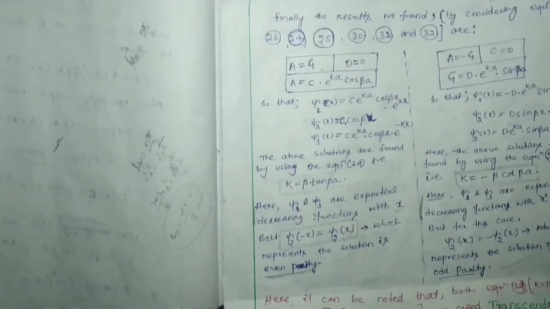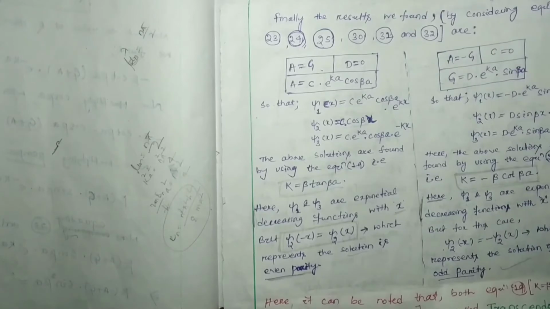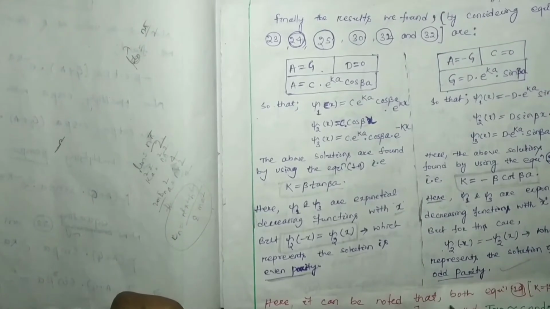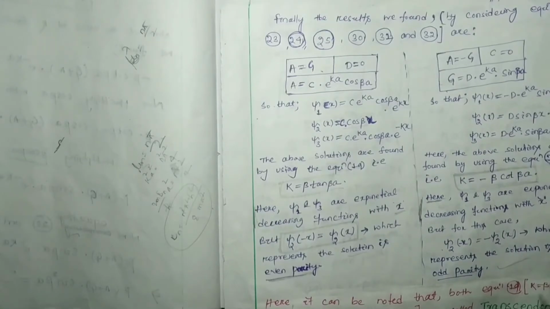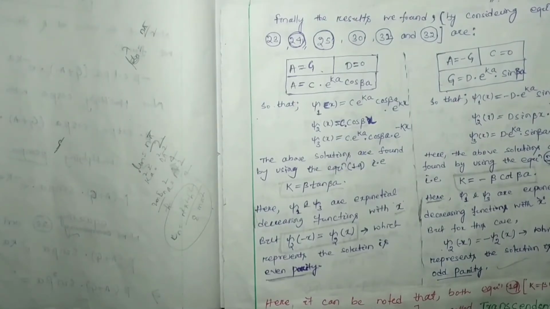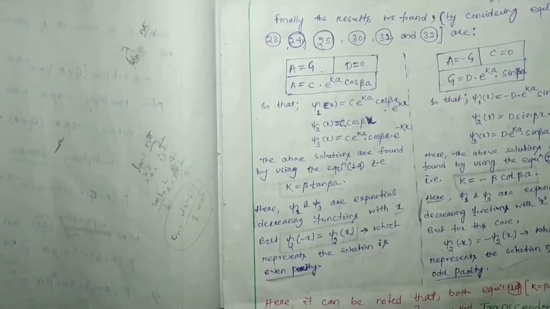Here it can be noted that both equation number 19, that is k equal to beta tan beta a, and equation number 26, that is k equal to minus beta cot beta a, are called by a word that is new for you: transcendental equations.